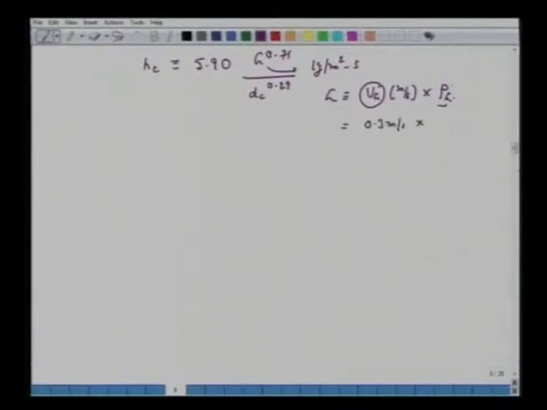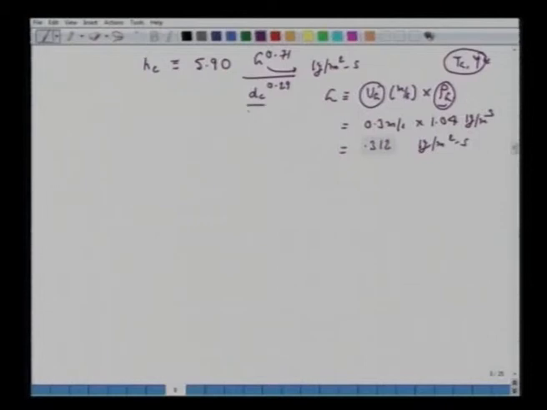Rho g is the gas density. We know the temperature, but mind you, there is moisture also. But Y is given to us, 0.01 kg per kg dry air, and from stoichiometry you can calculate the density for the mixture of air and moisture. So let's say that rho g is given or calculated as 1.04 kg per cubic meter. So this G is 0.312 kg per meter square per second.